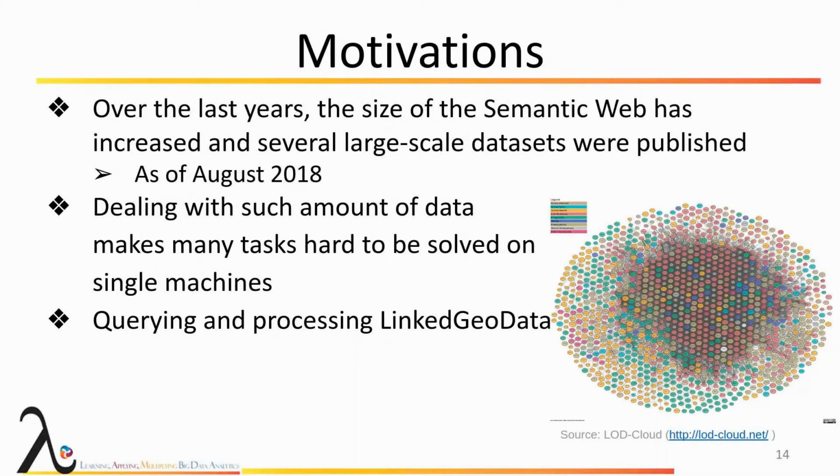So those are typically the motivations that have been driving the creation of the SANSA stack. So the distributed context, the large amount of data, and the specific context of, for instance, being able to query and extract information in a geodata context.